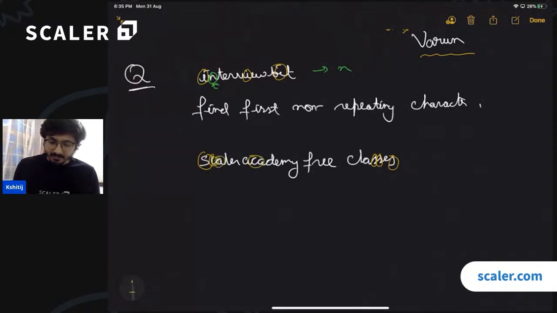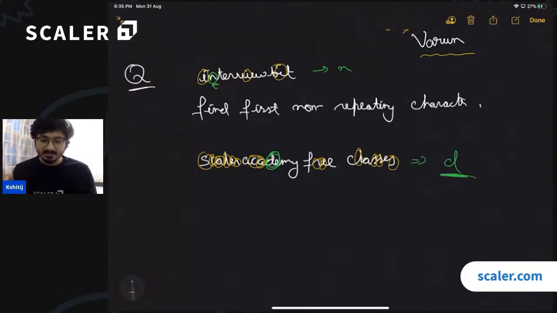A is also repeating, L is also repeating, E is also repeating, R is also repeating. D is the answer. So in this case, D becomes the answer. Scalar Academy free classes: D is the first non-repeating character in this string.